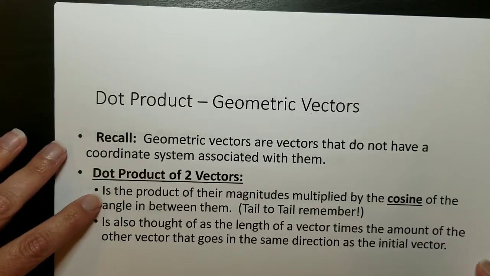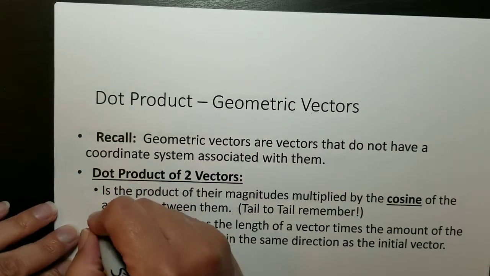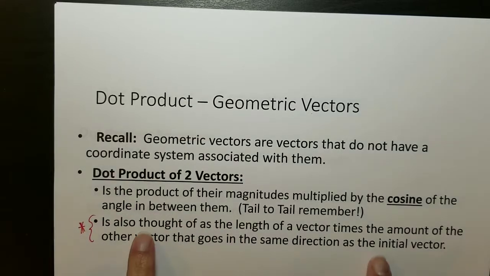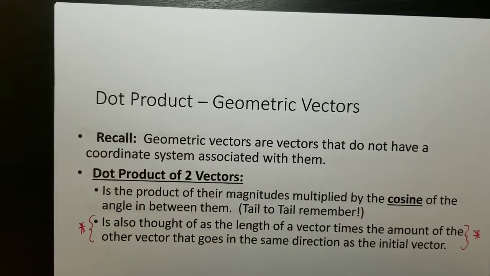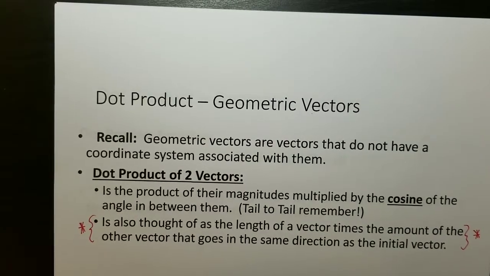So this is how we're going to calculate it for geometric vectors, but this is the really important piece. It's important to be able to visualize what the dot product is even measuring. The dot product is measuring how much of a vector, so it's the length of one vector times the amount of the other vector that's going in the same direction.